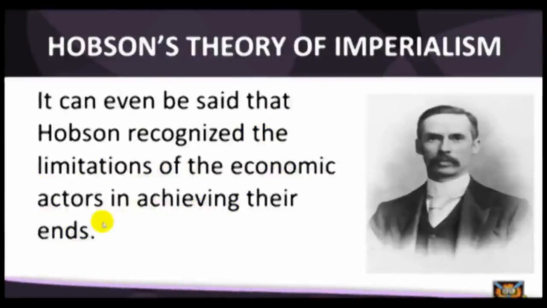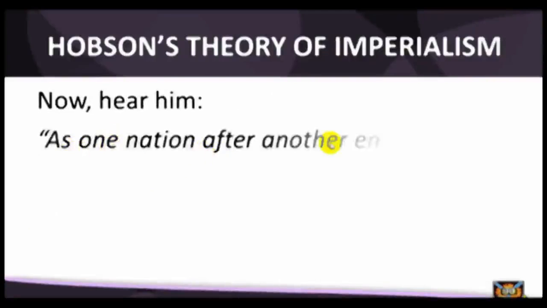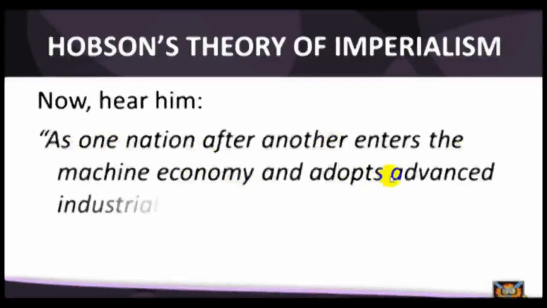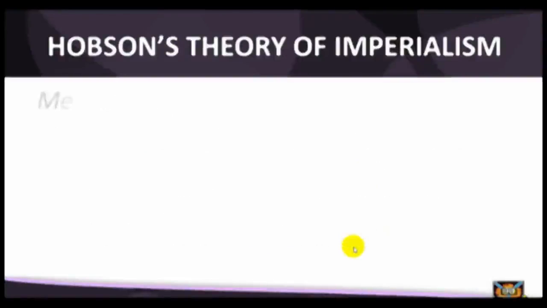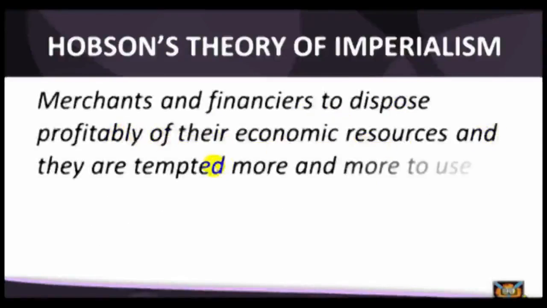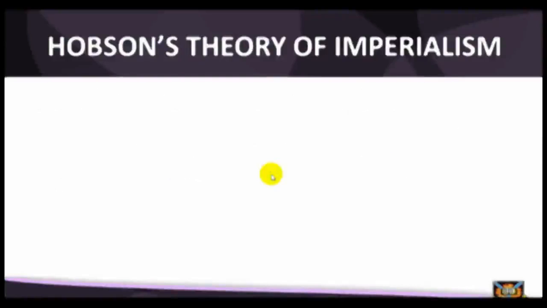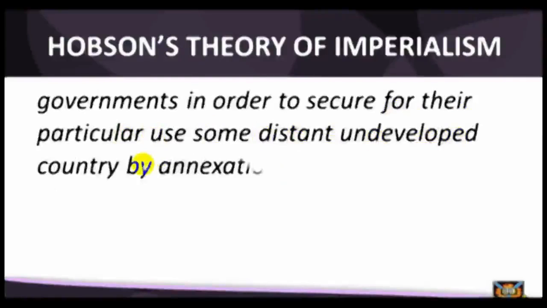Now let's have another quote from him, and I read, "As one nation after another enters the machine economy and adopts advanced industrial methods, it becomes more difficult for its manufacturers, merchants, and financiers to dispose profitably of their economic resources, and they are tempted more and more to use their governments in order to secure for their particular use some distant underdeveloped country by annexation and protection."